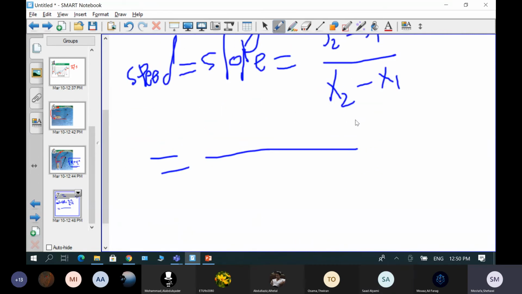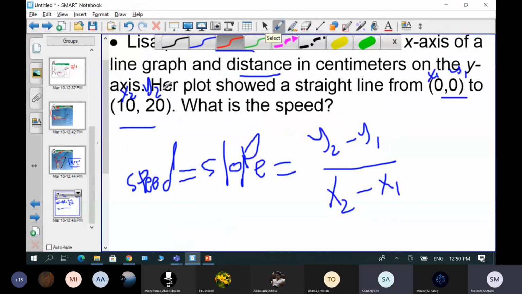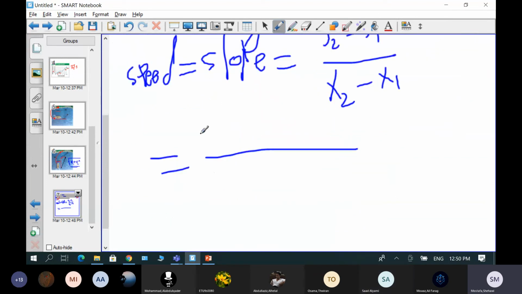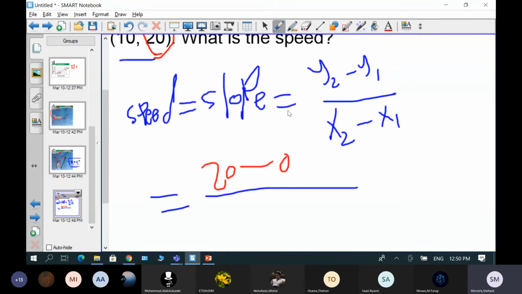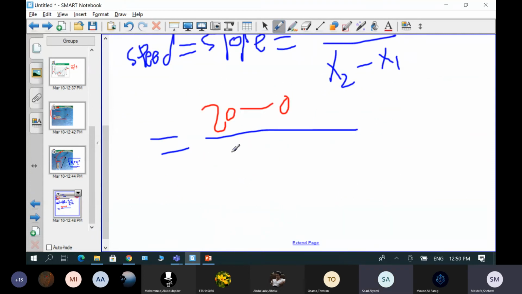So what is y2? Y2 is 20. And what's y1? 0. So 20 minus 0. And what's x2? 10. 10 minus x1, which is what? 0.